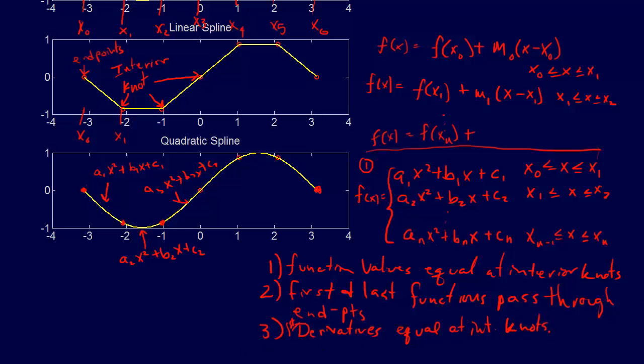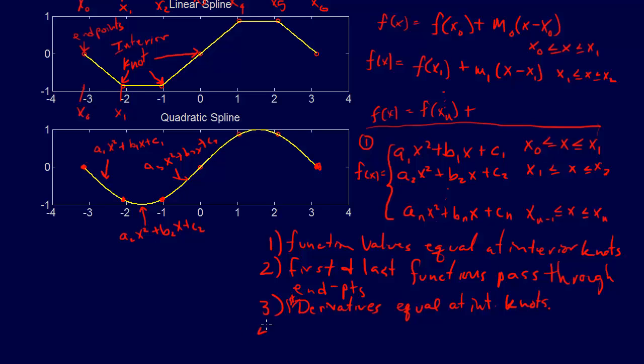Okay, and then we have the fourth condition, number 4. We just need another condition, and the easy one that they use in the book is that they set the second derivative equal to 0 at the first point. So f double prime evaluated at x naught, the second derivative of the first function, is equal to 0.